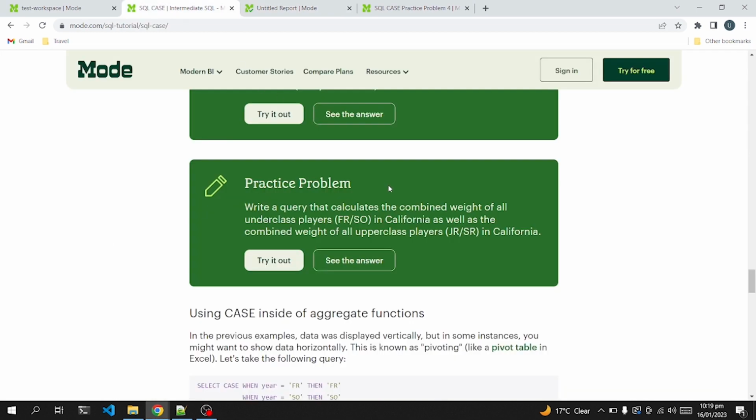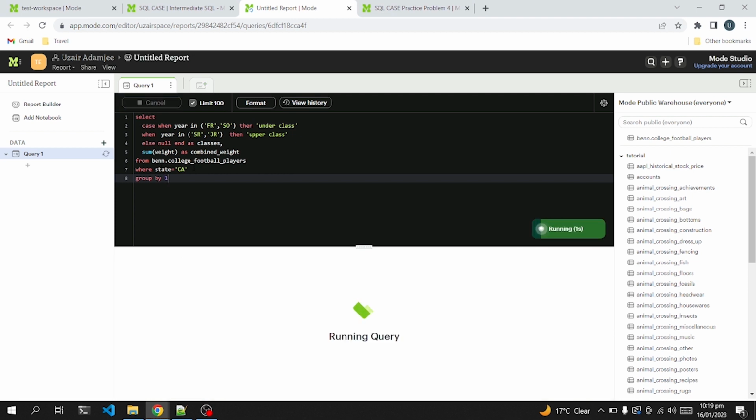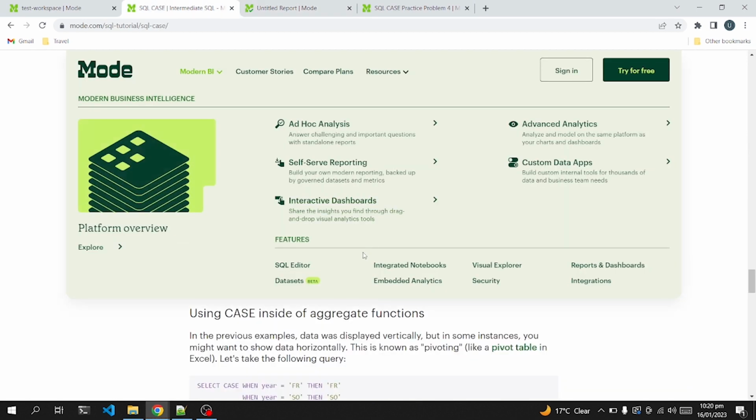Then the state will be California, sorry, CA, and then just group by classes. It should work, I guess. Yep. So in the underclass, the maximum weight is the total. So the sum of the weight is 2,774. The upper class weight is lesser than the other class. Let's check the answer.